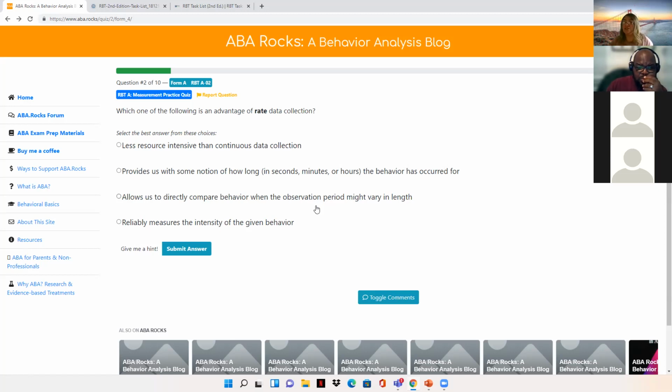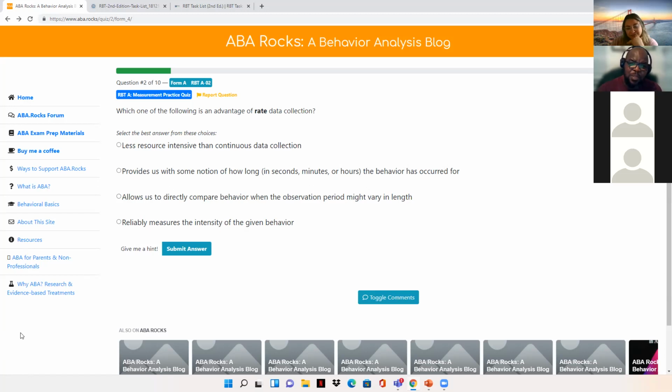In a perfect world, if we all took data for the same amount of time, that would be cool. But Eric had the client for 30 minutes and I had her for 8 hours, so our data is going to look different. That's why rate is cool, because it allows us to take that observation period and kind of get a percentage.